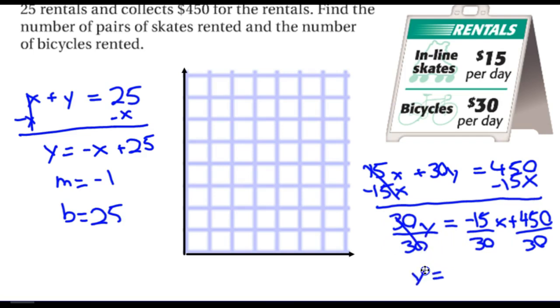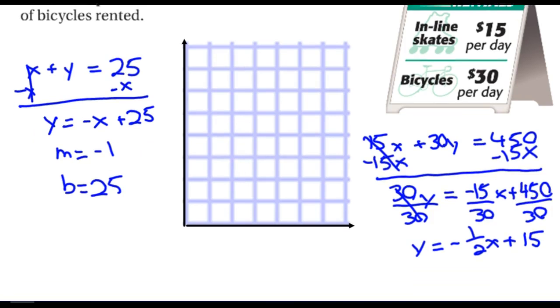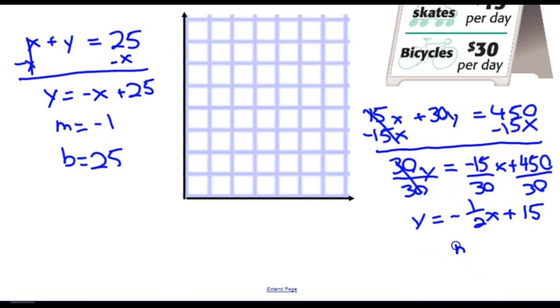And we get y equals negative 1/2 x plus 15, because 30 times 15 gives us 450. So our m here is negative 1/2, and our b is 15.